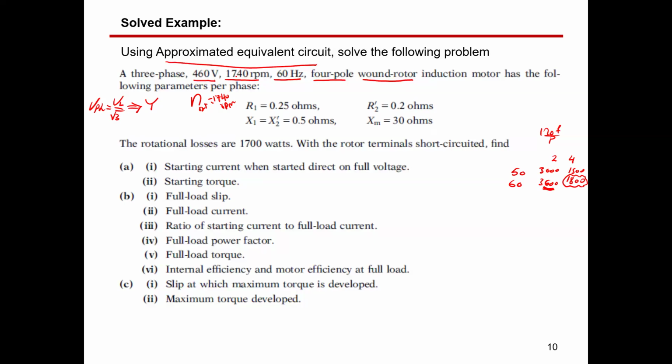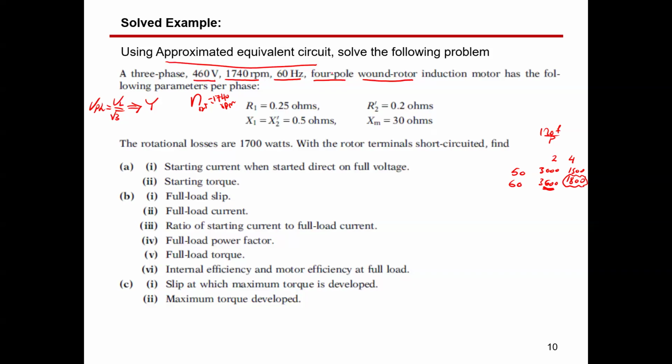So the induction motor speed has to be less than the synchronous speed in motoring operation. Does it mean it's possible to have induction machine speed higher than the synchronous speed? Yes, this is correct, but in generator operation. And we will delay the discussion of this part until we discuss the modes of operation of the induction machine. So again, this is now the rated speed of our machine.